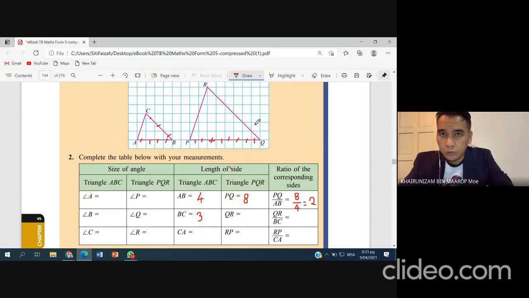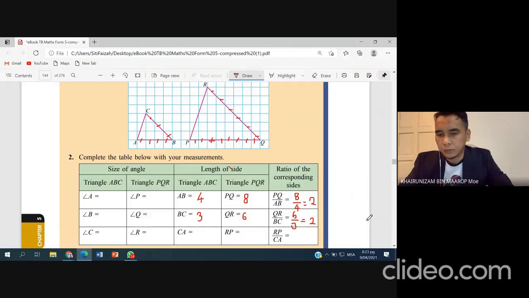And then for QR, 1, 2, 3, 4, 5, 6. So we have 6 units. When we divide 6 by 3, we get 2.